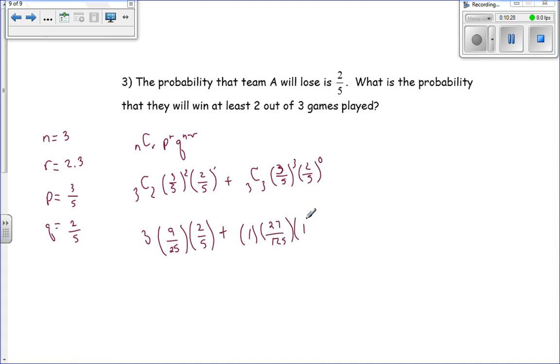And anything to the 0 power is 1. So when I multiply straight across, I get 54 over 125 plus 27 over 125. And when I add them up, I get 81 over 125. Don't reduce.